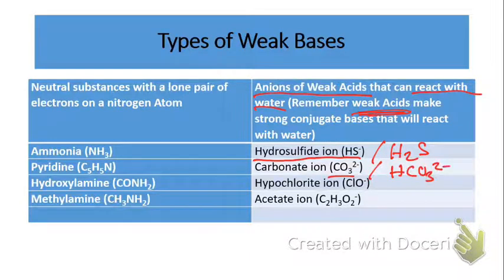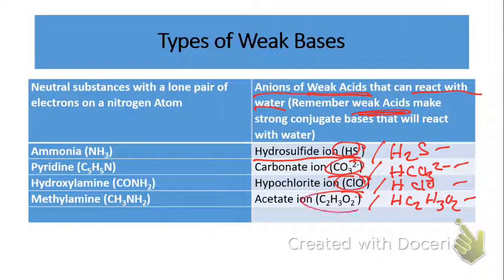All of these have conjugate acids that are weak. HClO, weak acid. HC2H3O2. Again, all of these are weak acids, and therefore their conjugate bases are going to be strong enough to react with water.